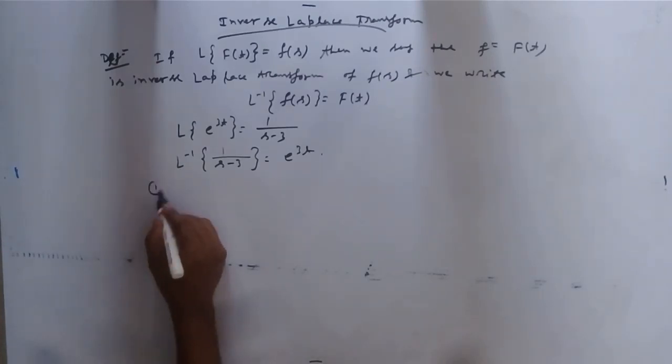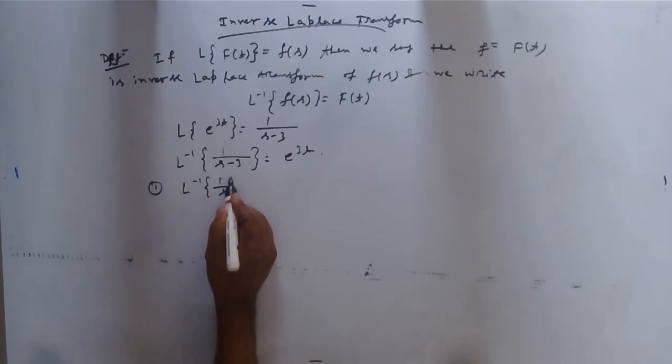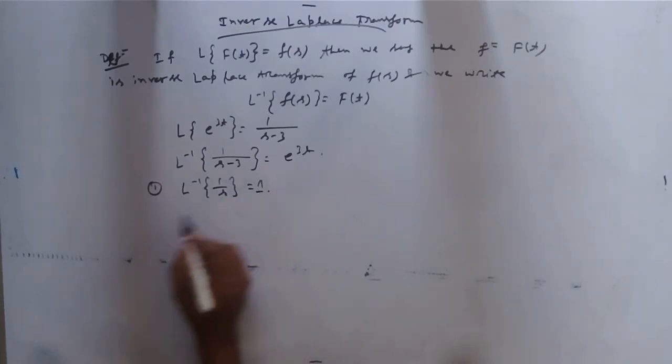Now in my previous video I discussed Laplace transformation, and we already know the Laplace transforms of the basic functions. So here I will write the basic inverse Laplace transform results. Number 1, L of 1 is 1 by s, so L inverse of 1 by s will be 1.